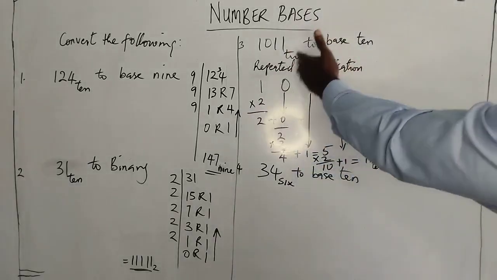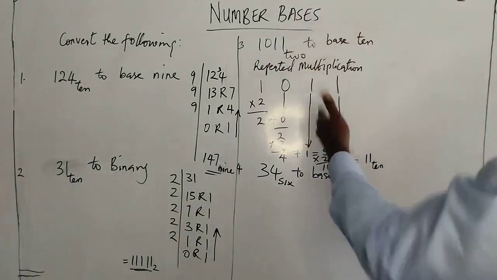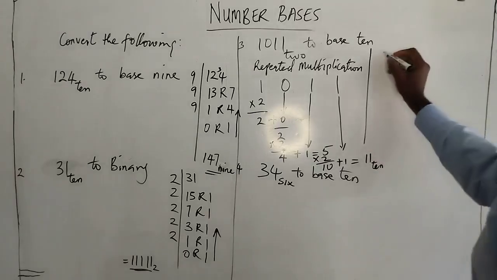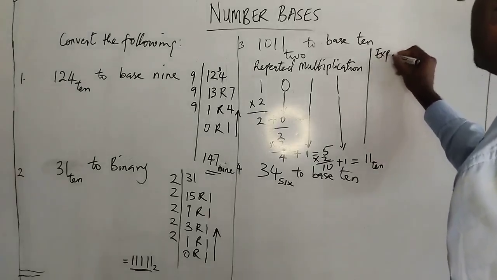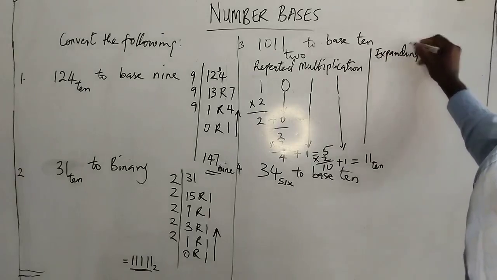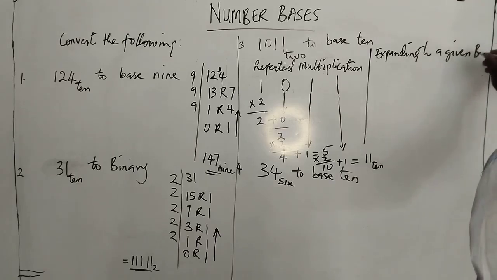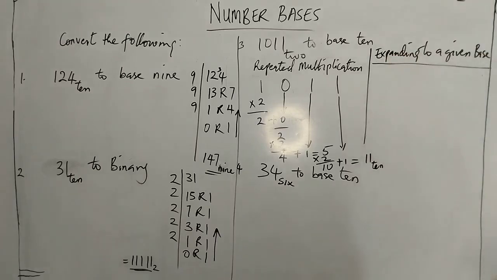Now, this method is repeated multiplication method. There is another method which we'll call expanding to a given base. Expanding to a given base method. What do we do in that one?